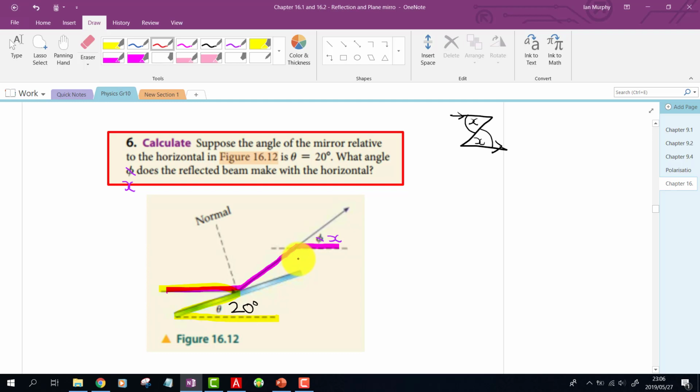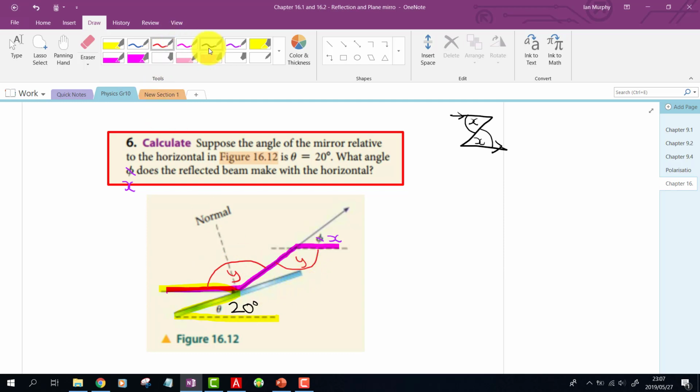Let's say Y. Okay, let's call this Y, and we'll call this Y. So we can see there's a Z as well, and that angle has to be equal to that angle because of the math rule.